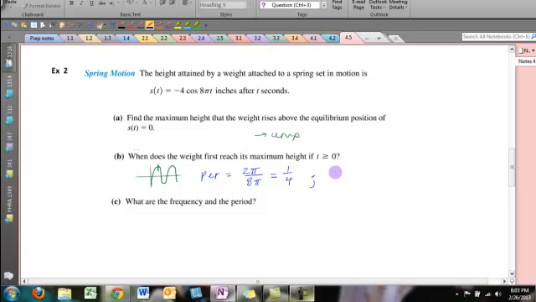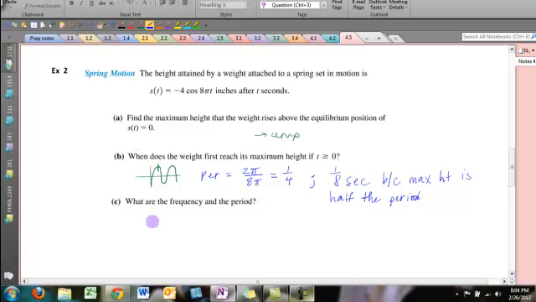So in other words, it would be at 1/8 second. Because remember, we're talking about a period as a function of time. So it's 1/8 of a second because the maximum height is reached at half the period.